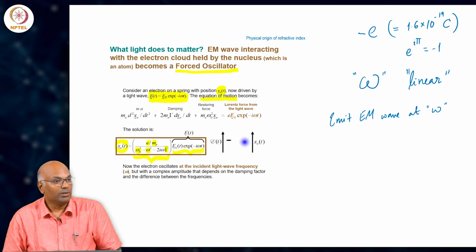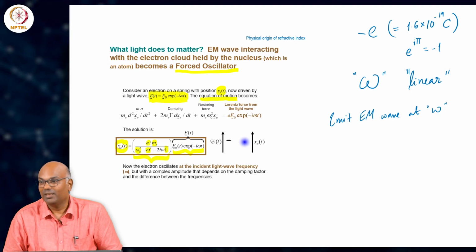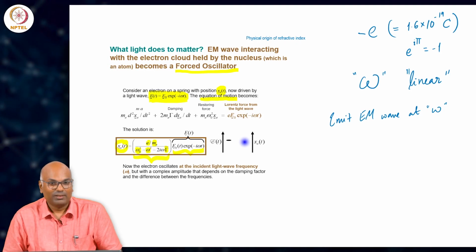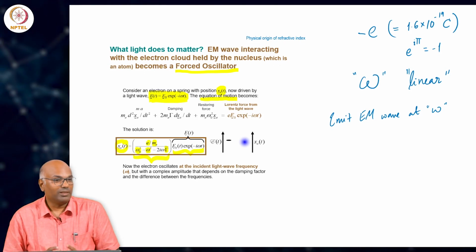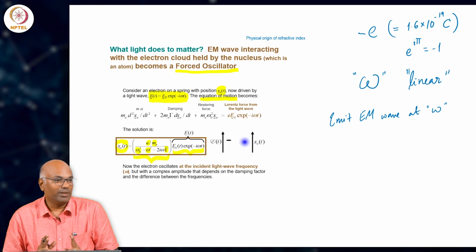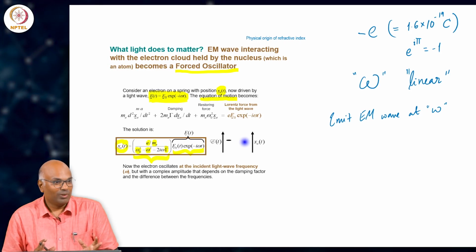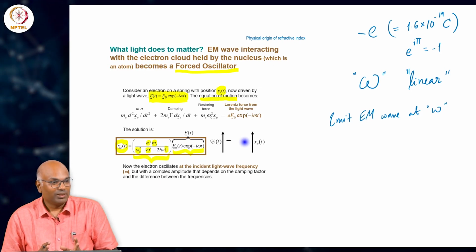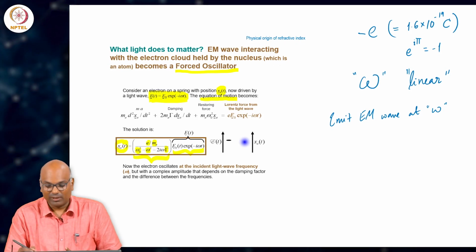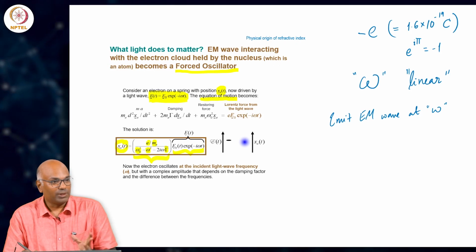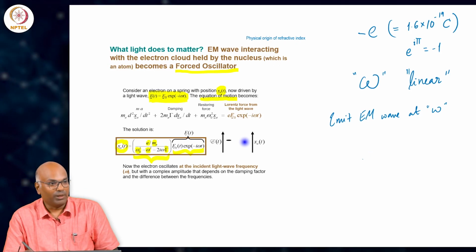So, where is all this leading us to? Even without a very rigorous proof, this tells us that electromagnetic waves in this description of light matter interaction can occur only at one frequency, the initial driving frequency of the initial electromagnetic wave, which is omega.